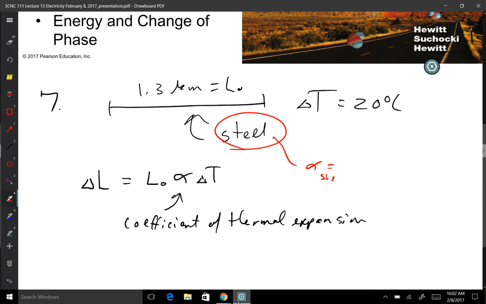So alpha for steel equals, and I don't have my textbook with me, 11 times 10 to the negative 6 per degree Celsius. Actually, it should be per Celsius degree, because a change in temperature is Celsius degrees, while a temperature is degrees Celsius. That's a subtle point that I am never going to hold you to.